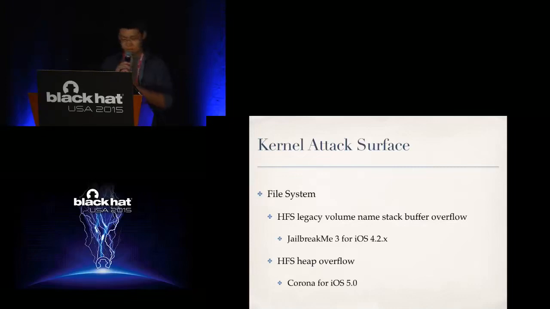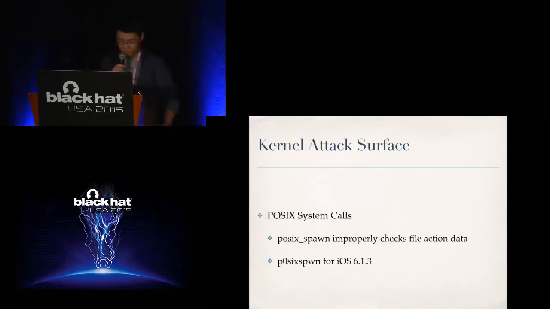And also in Corona for iOS 5, this exploit was written by pod2g, and he claimed that this is an HFS heap overflow. For system calls, there is a bug in posix_spawn. In this function, it incorrectly checks the file action data and causes the bug. This bug was also exploited in the jailbreak for iOS 6.1.3.